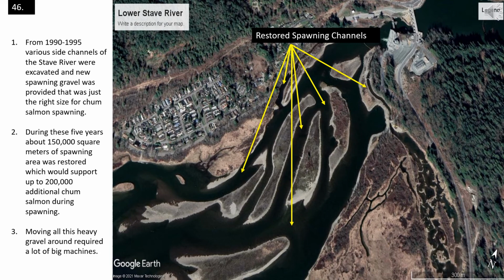So really there was about a month of work at maximum, and it was done over 5 years. But in those 5 years, something like 150,000 square meters of spawning area was restored. And this could support more than 200,000 additional chum salmon if they used it and if they came back. And that was the question. So we'll see how the story turned out.